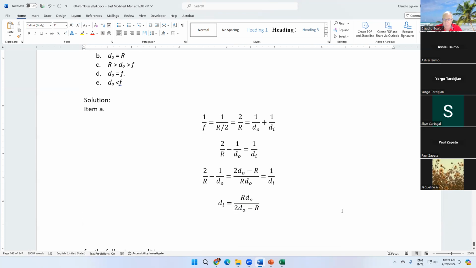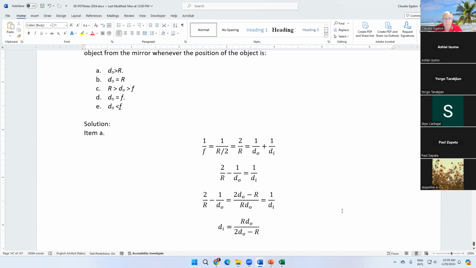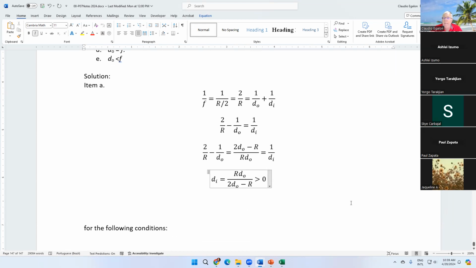Okay? Okay, if d_o is greater than R, this what you see right in here is going to be 2R minus R. So this thing is going to be always positive, right? Always positive. Okay.